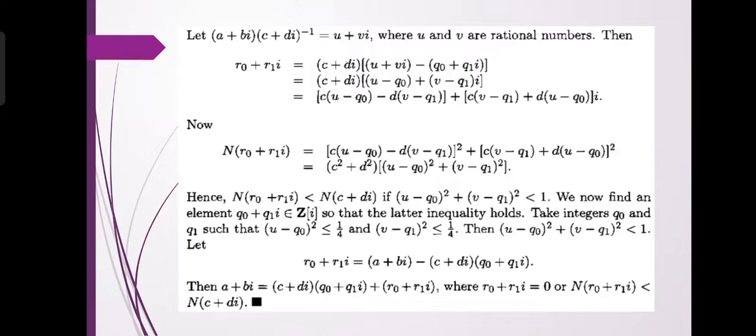Let r sub 0 plus r sub 1 I be equal to the quantity of a plus bi minus the quantity of c plus di times the quantity of q sub 0 plus q sub 1 I. Then a plus bi is equal to the quantity of c plus di times the quantity of q sub 0 plus q sub 1 I plus the quantity of r sub 0 plus r sub 1 I, where r sub 0 plus r sub 1 I is equal to 0, or n of the quantity of r sub 0 plus r sub 1 I is less than n of the quantity of c plus di. So that's the end of the proof.